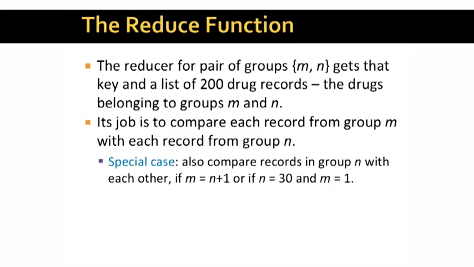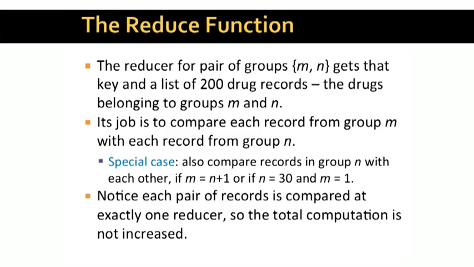There is a tricky matter of who compares drugs in the same group. 29 different reducers get all the drugs from group N, and we don't want them all to do it. A simple rule is to compare pairs of drugs in group N if M is 1 more than N in the end-around sense. That is, for N from 1 to 29, M is 1 more than N, and for N equals 30, M is 1. As a result, each pair of drugs is compared at exactly 1 reducer.